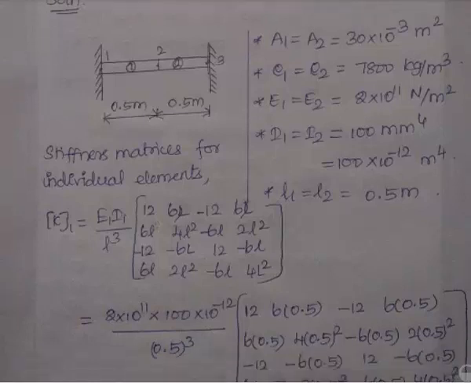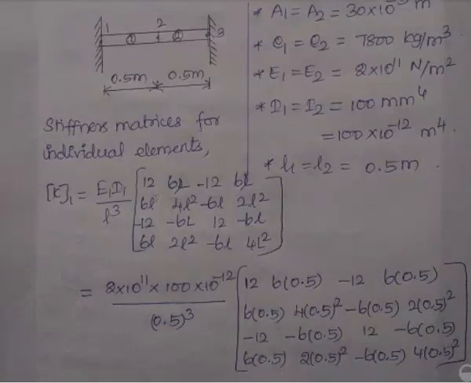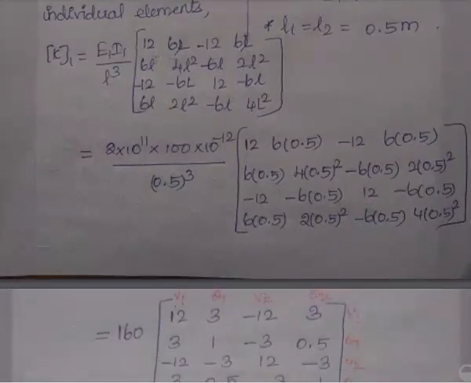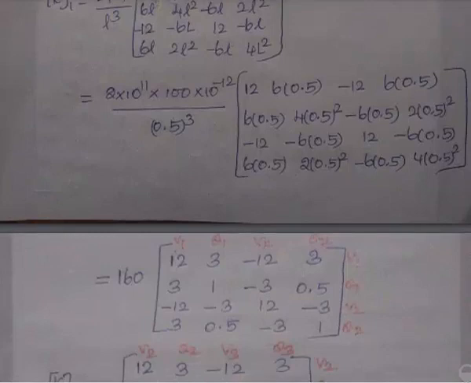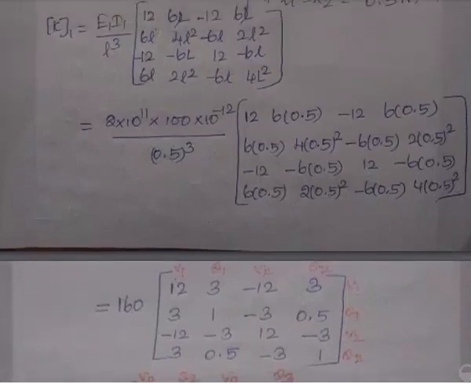By substituting the known values, that is Young's modulus, moment of inertia and length for the first element, we arrive at the result for K1 as 12, 3, minus 12, 3; 3, 1, minus 3, 0.5; minus 12, minus 3, 12, minus 3; 3, 0.5, minus 3, 1, multiplied by 160. Each element represents the displacement and rotational components.